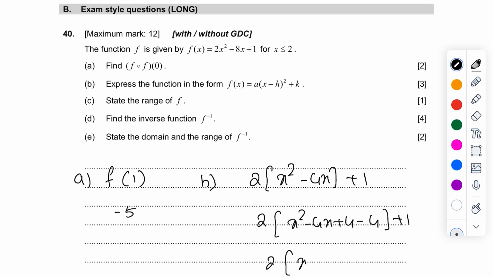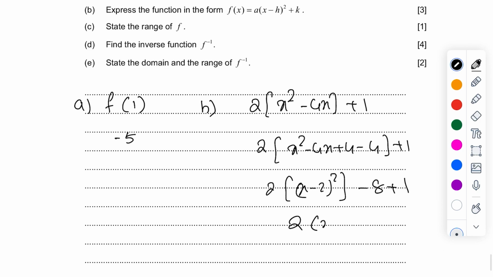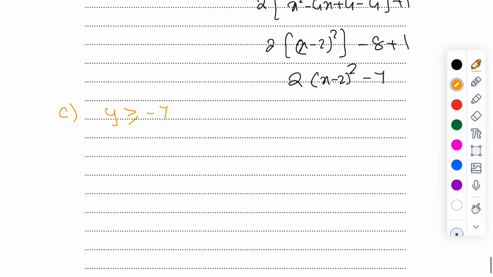So 2 times of x minus 2 whole square minus 8 plus 1. So it becomes 2 times of x minus 2 whole square minus 7. What is the range? So the range is always greater than or equal to negative 7. Then find f inverse and state domain and range.